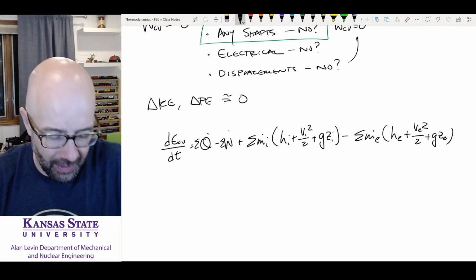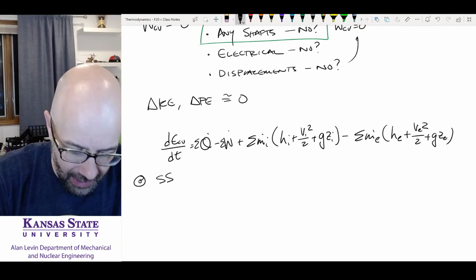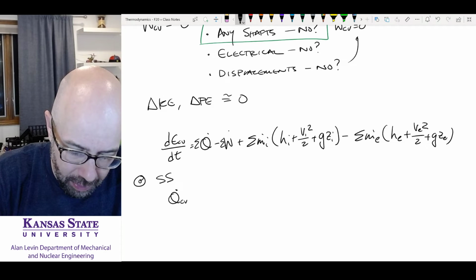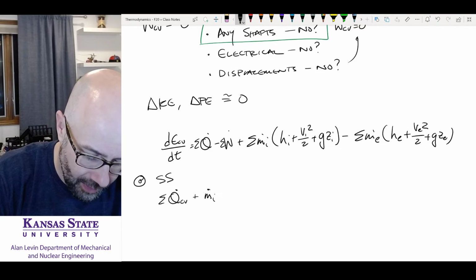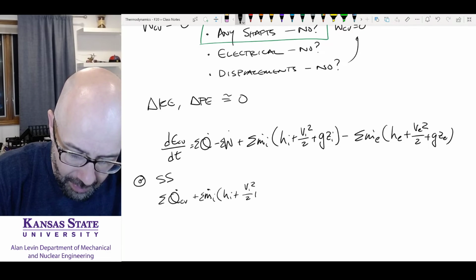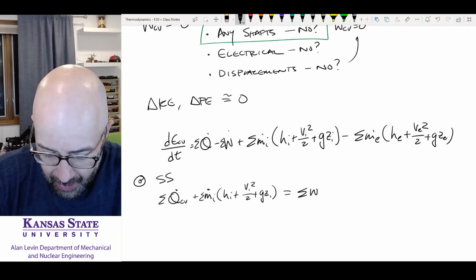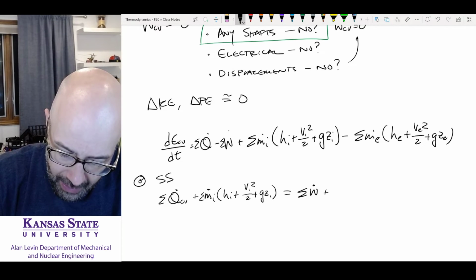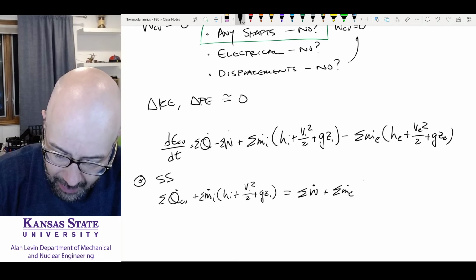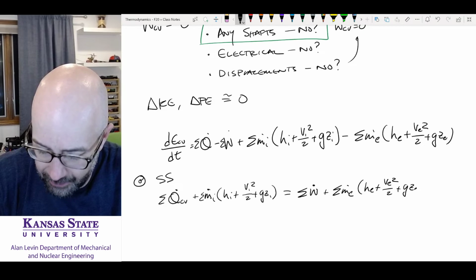I could rewrite this at steady state as Q dot CV plus the summation of mass flow rate in times enthalpy in plus the kinetic energy in plus potential energy in, equals the summation of my power plus the summation of my mass flow rate exiting times my enthalpy exiting, kinetic energy exiting, and potential energy exiting.